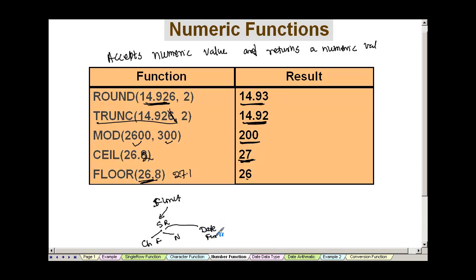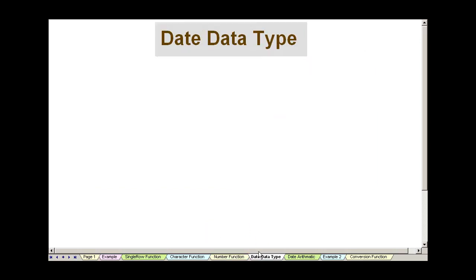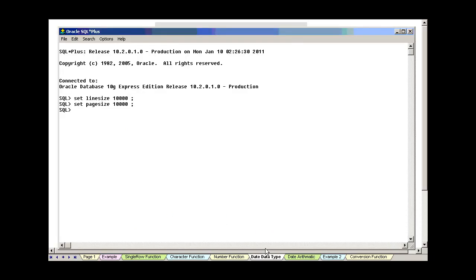And now the next one is, let's try to explain date functions. So before we explain date functions, let's try to understand what the date data type is. Like if you see the employee table, let's see DESC. So this is our employee table. In the employee table we have hire date, which is a date column.